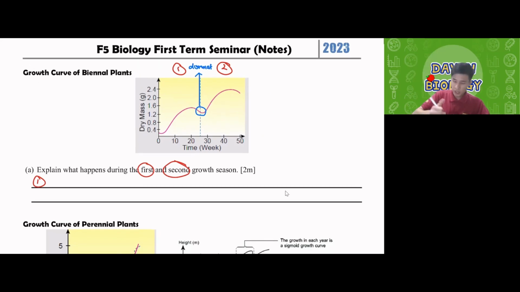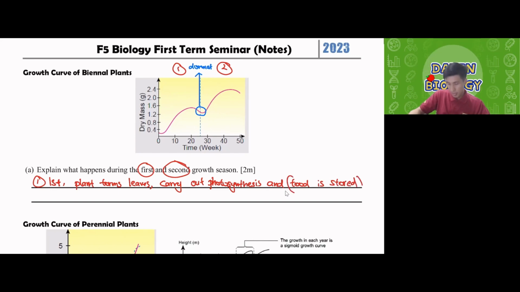Okay, so number one, we can say during the first growth season, the plant forms leaves, carries out photosynthesis, and most importantly, food is stored.